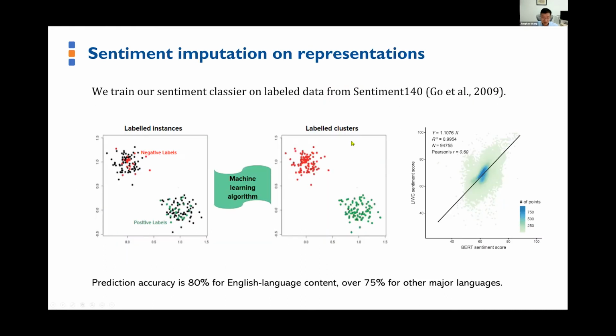So for the BERT algorithm, especially the sentiment imputations, we train our sentiment classifiers on a labeled data set from Sentiment140, because this algorithm is trained using Wikipedia data.